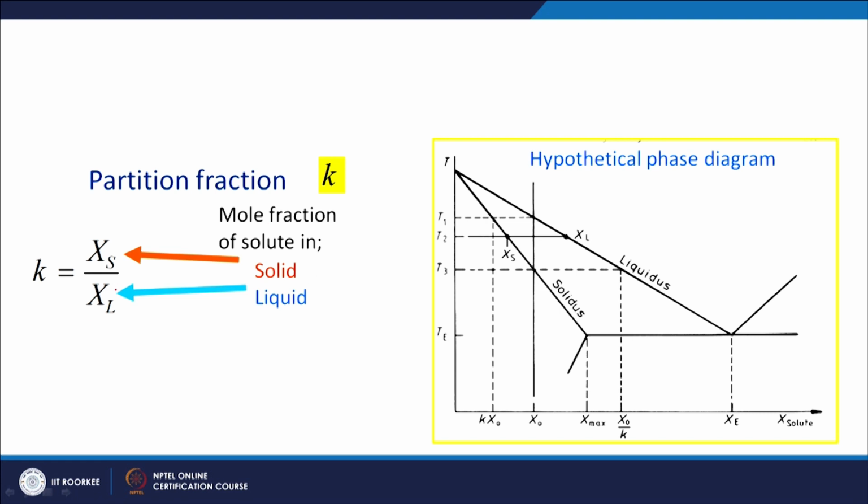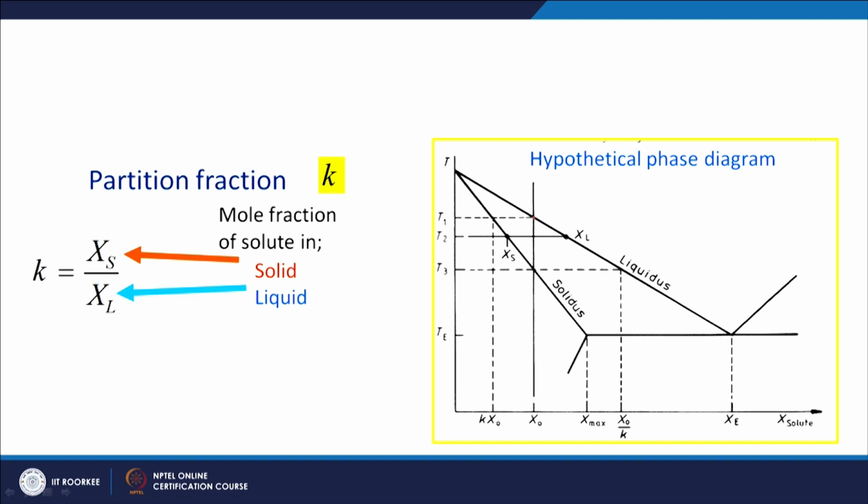So as you can see here in the diagram, we have a material for which we have kept the overall composition as X naught, and we are starting the solidification from some temperature at which it is fully liquid.